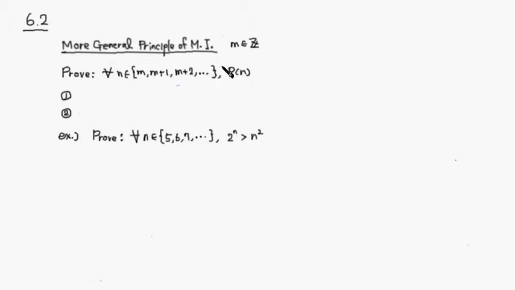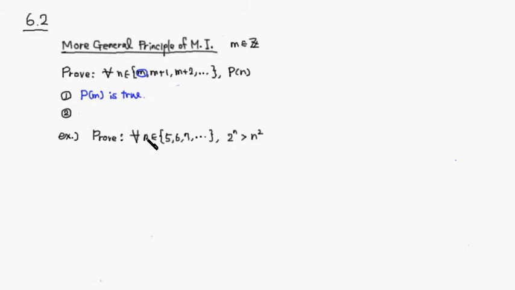Since it's starting from m, we shouldn't start from 1. So the first thing we should do is look at P(m), because this is the first one, and verify that it is true.